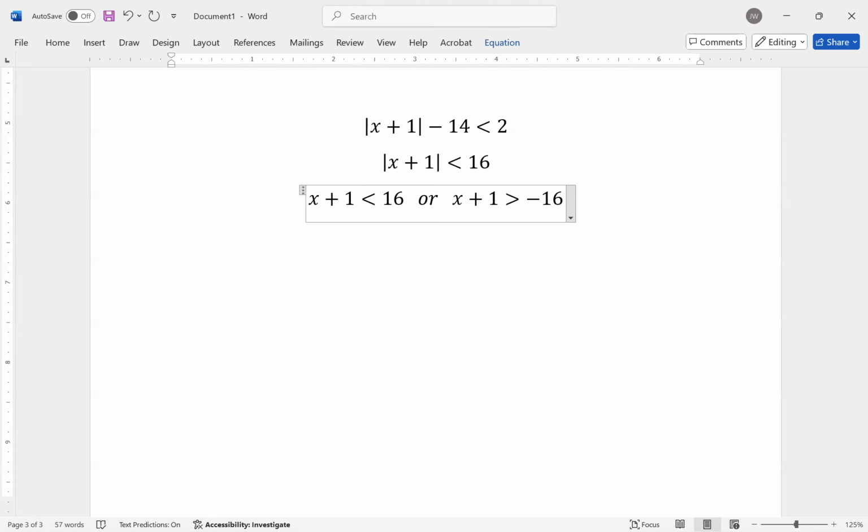So my two inequalities are x plus 1 less than 16 and x plus 1 greater than negative 16. Solving each of these just takes a subtraction of 1 on either side. On the left-hand side, I get x is less than 15. My right-hand equation says x is greater than negative 17.